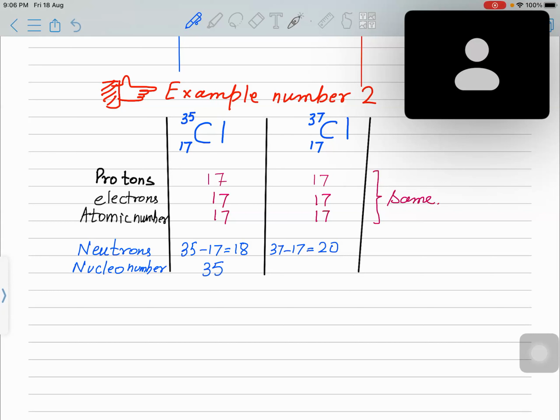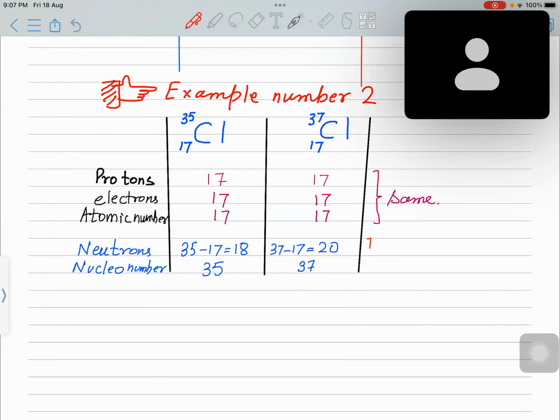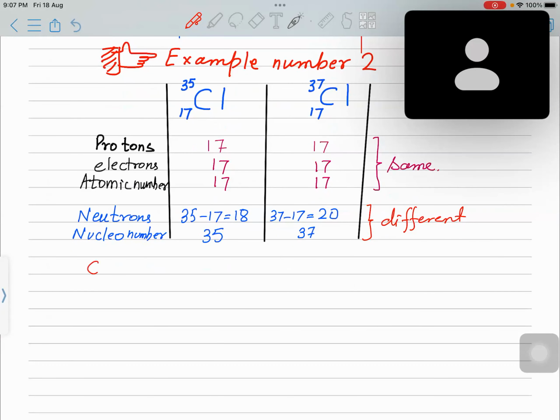And for chlorine 37, it's 20 plus 17, which is 37. Now you can see that both neutrons and nucleon number are different. If this condition is fulfilled, it means both are isotopes. Chlorine 35 and chlorine 37 are isotopes.